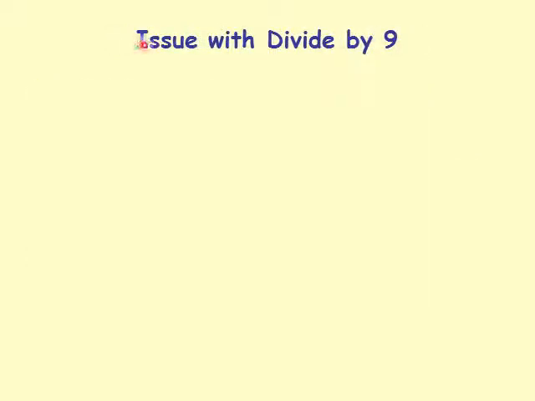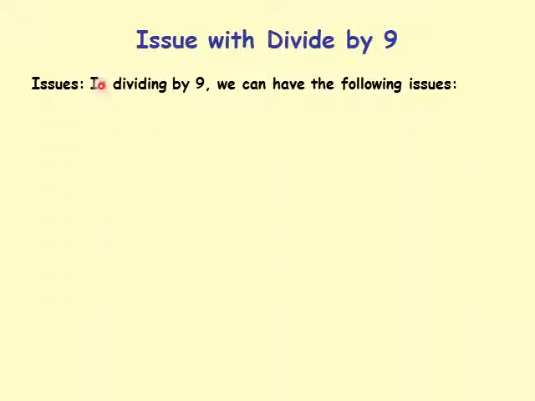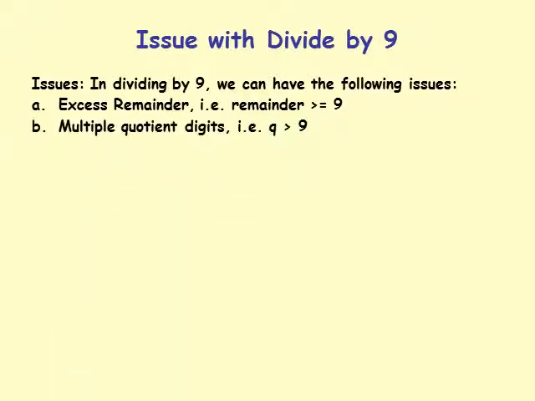Let's see if there are some issues with dividing by 9. In dividing by 9, we can have the following issues. Excess remainder, which is a remainder that is greater than 8, or equal to or greater than 9. So if it's more than 8, there would be an issue, there's too much of a remainder in division by 9. And also we can get multiple quotient digits.